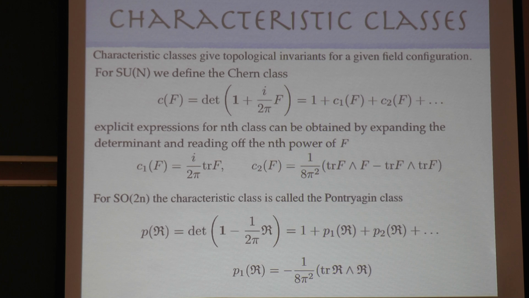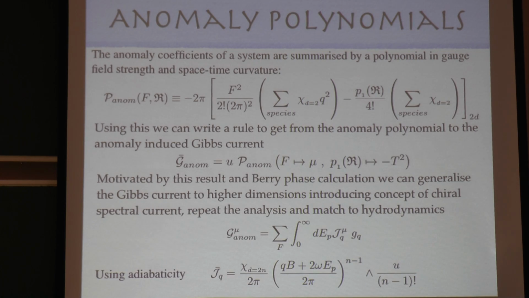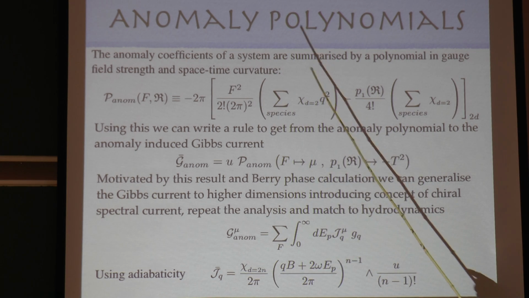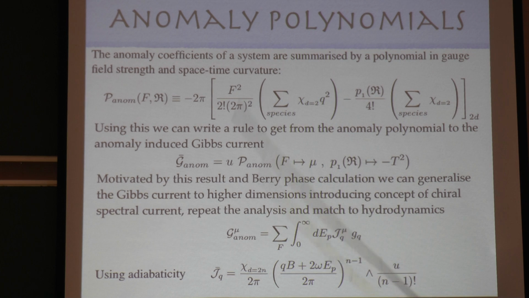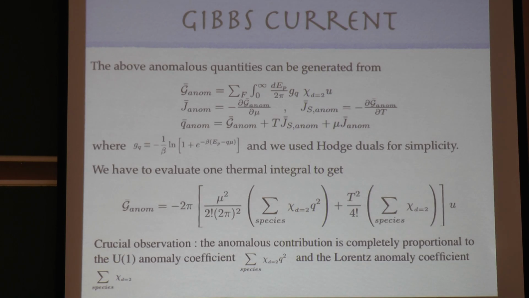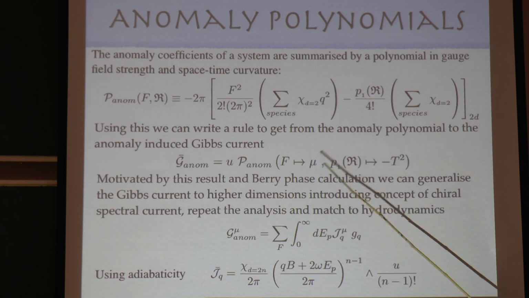Now if I take the classes and try to describe the generating functions for the anomalies, in 2D it's in this form. There is F squared, and then there is the first Pontryagin class. By inspection, if I compare with this, I see that there is a simple substitution rule.